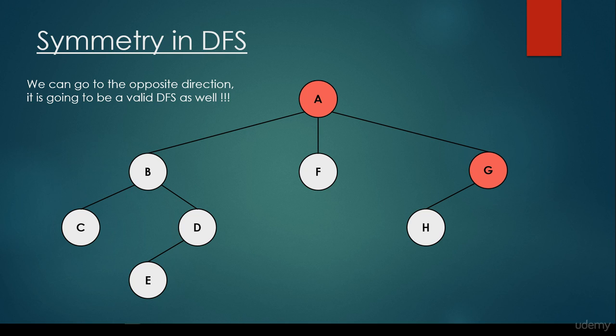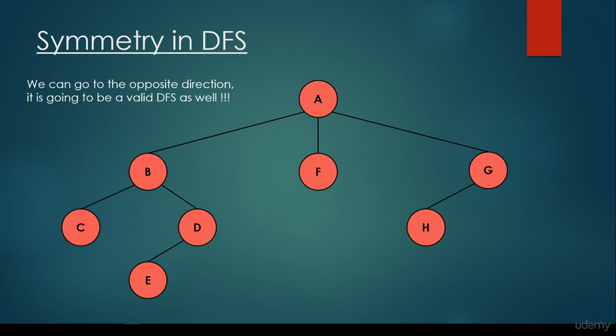Then okay, G doesn't have any right subtree, so it's going to visit the left subtree, then we backtrack to G, then we backtrack to A, and then we visit its second child, the F. It doesn't have any children, so we backtrack to A, and lastly we visit the left child, the B, then the right child of B, which is the D, then the E, and then at last the C.